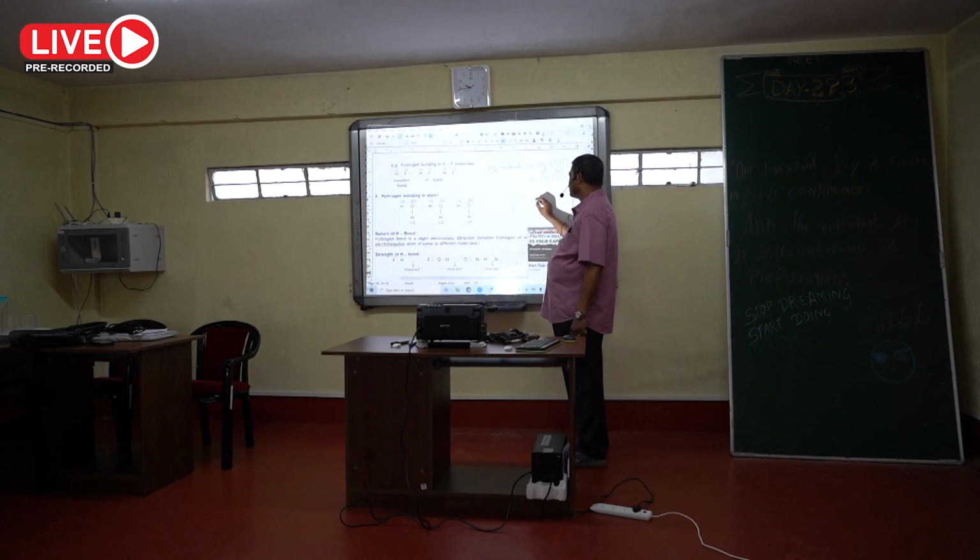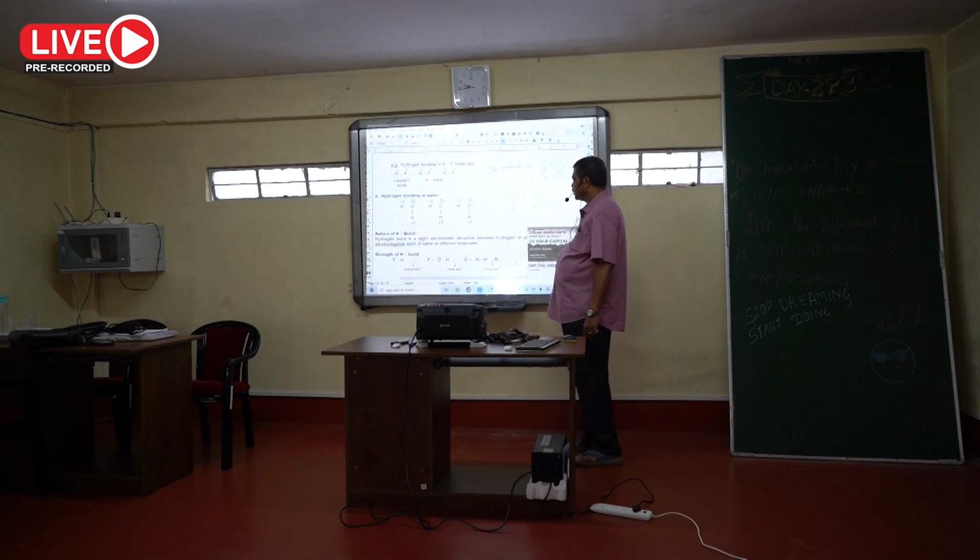Plus another nitrogen, which again has 5 electrons. Now each nitrogen contributes 3 electrons per bond.